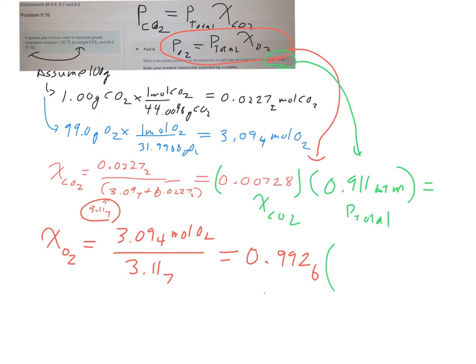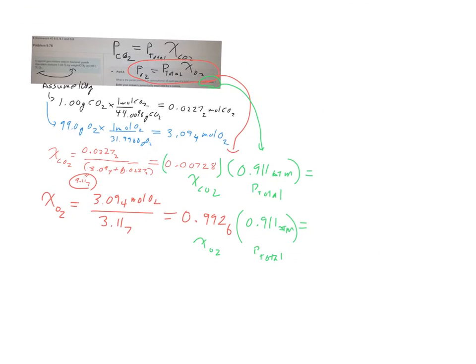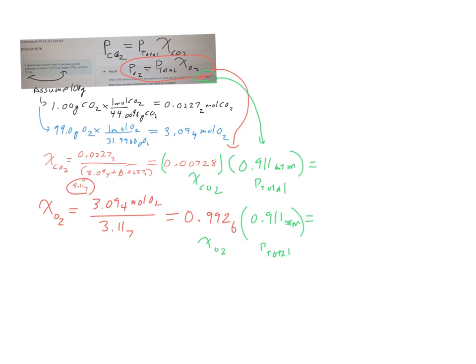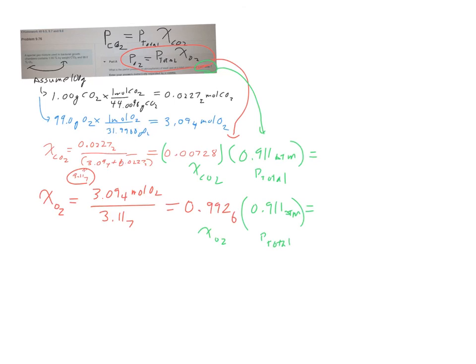Down here, same thing. My mole fraction of oxygen times my total pressure, 0.9926 times 0.911, and that's going to give me 0.904 atm.